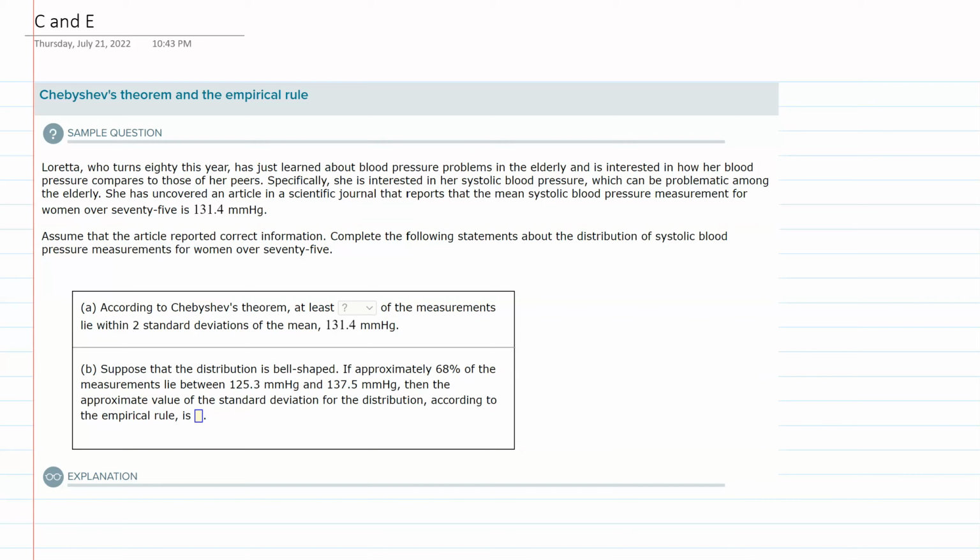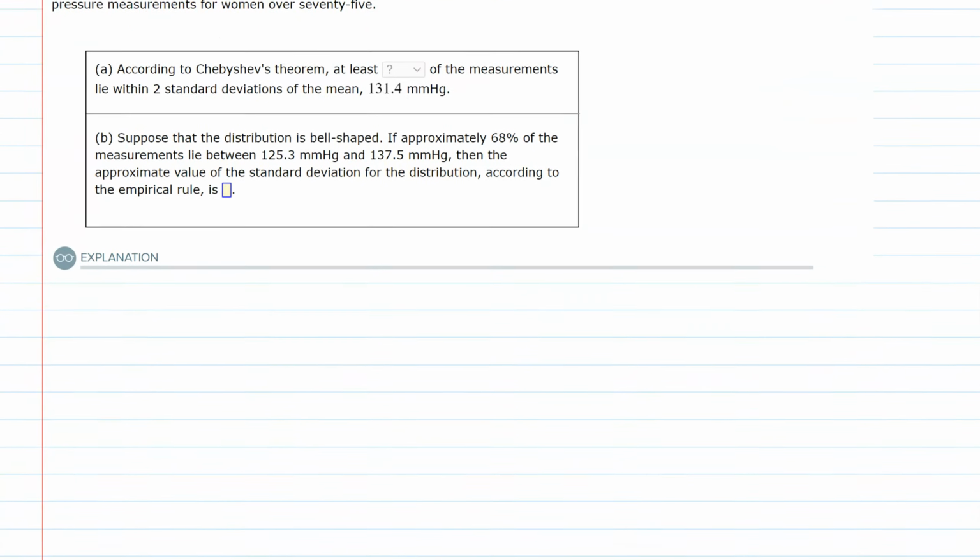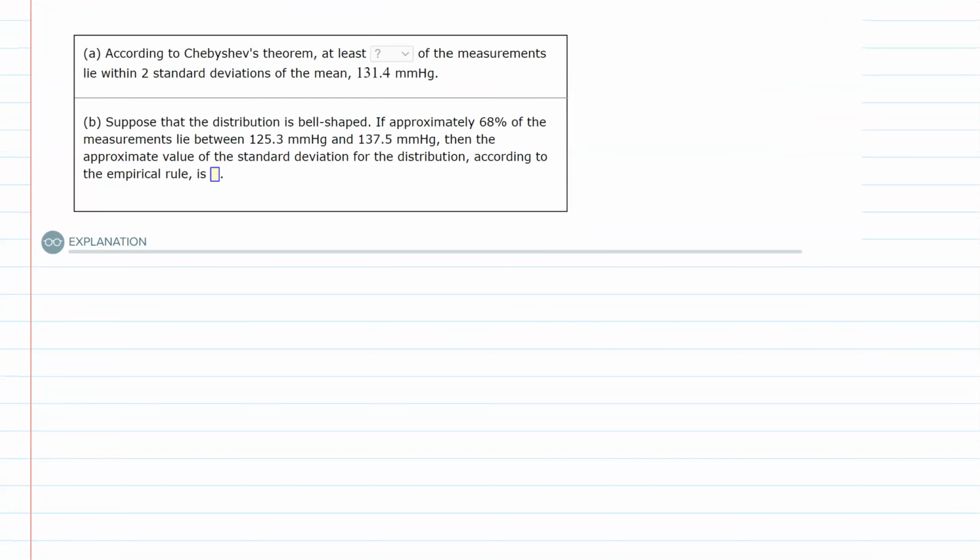So there's 2 rules here which are kind of related and kind of not. The first is Chebyshev's theorem. So let's write his name first.